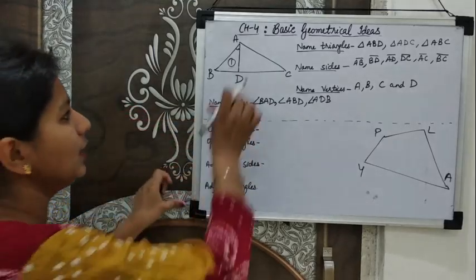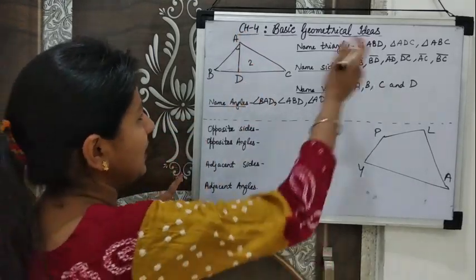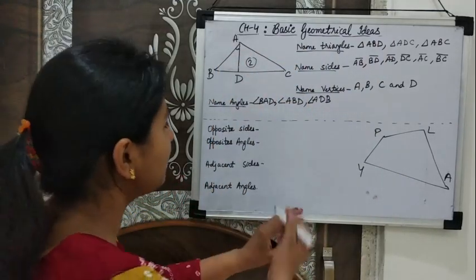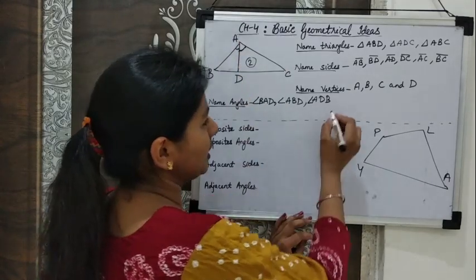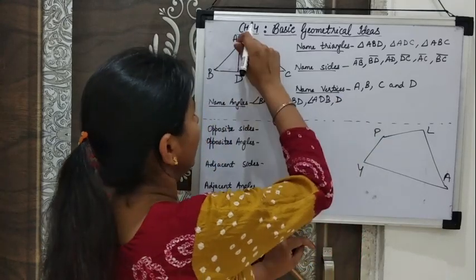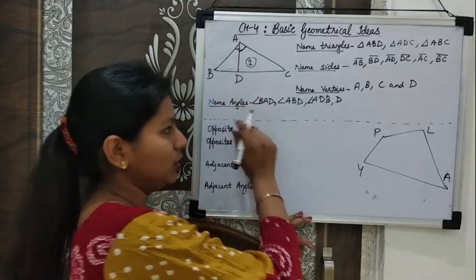Okay. Now similarly, for another triangle, this triangle, ACD की, ADC की हम बात कर रहे हैं, ADC बोल रहे हैं या फिर ACD बोल रहे हैं, we can name it anyway. So now first of all for this angle A, it will be angle DAC. DAC बोल रहे हैं हम इसे या फिर CAD बोल रहे हैं.